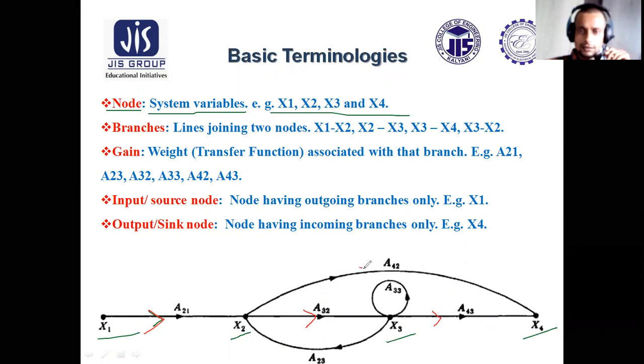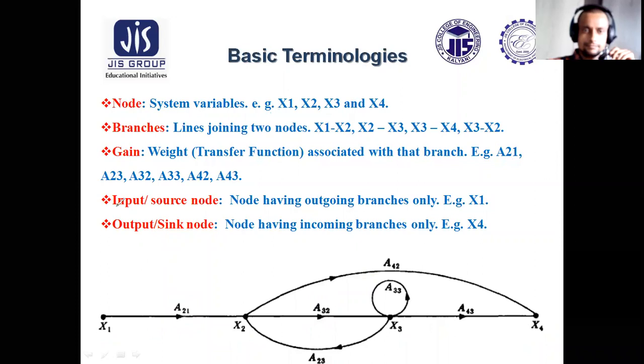These lines are joining any two nodes. So these are termed as branches. What is gain? These are gain of that path, or this is known as path transmittance. So gain means weight or transfer function associated with that branch, such as A21, A23, all this.